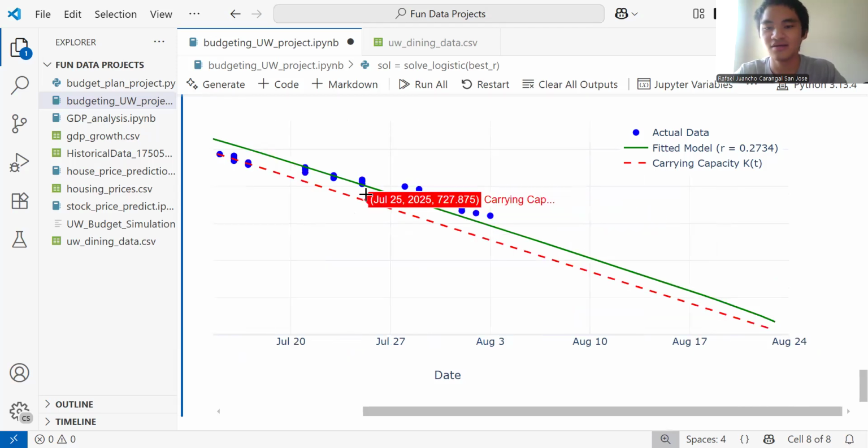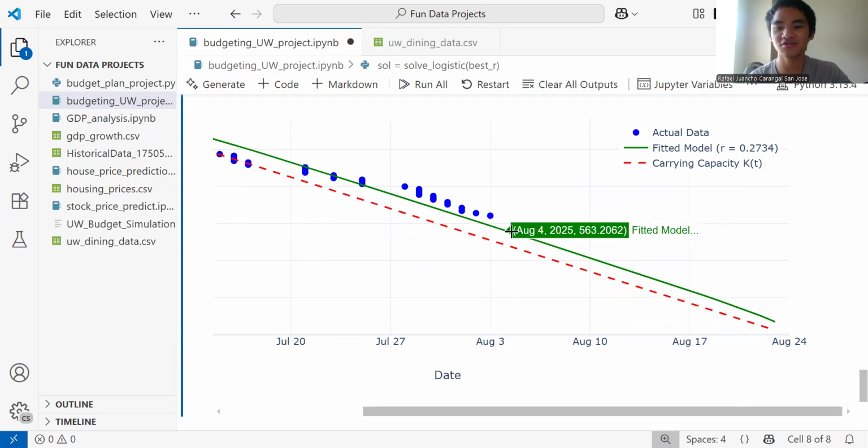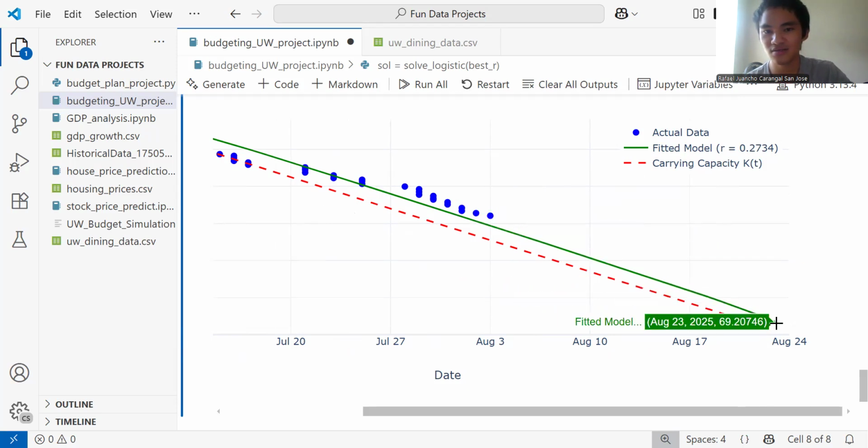I think when I tried to fit the model, it also affected my carrying capacity as well as this green fitted model, right? And yeah, my best R here in this case is 0.27. I think when I add more data, the model should simulate better in a way, right?